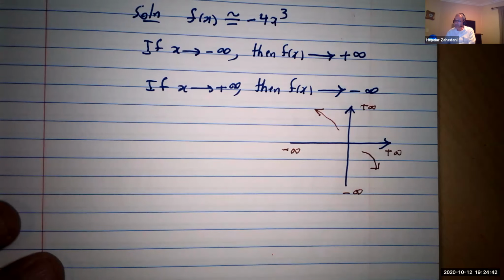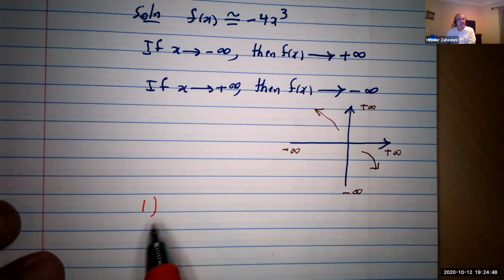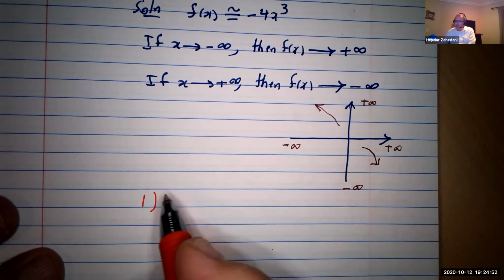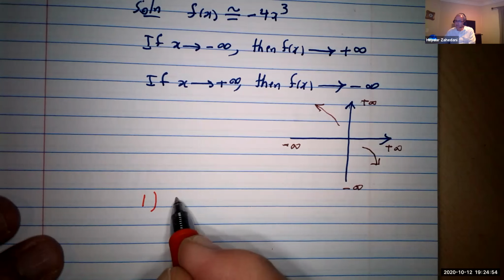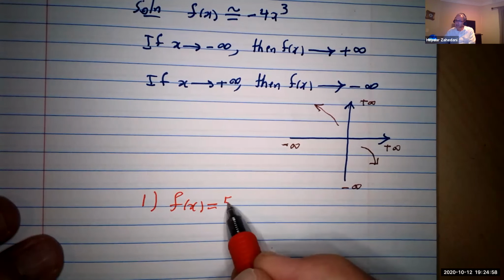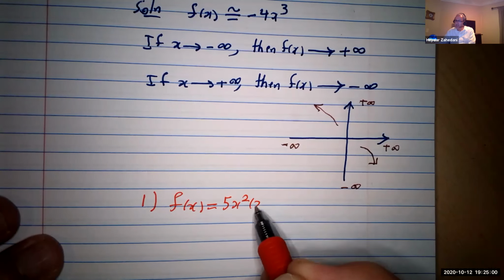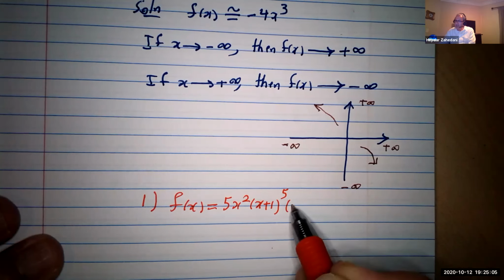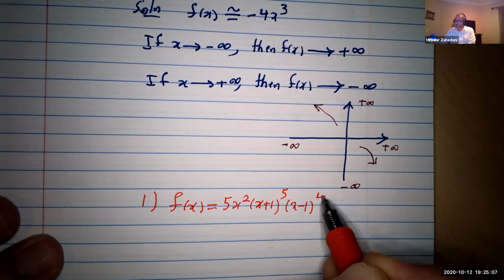So that was case 1, where everything was nicely given to you. But in other cases, you have to find your leading term yourself. So you may be given something like, let's say, f of x equal to 5x squared times (x plus 1) to the 5th times (x minus 1) to the 4th.